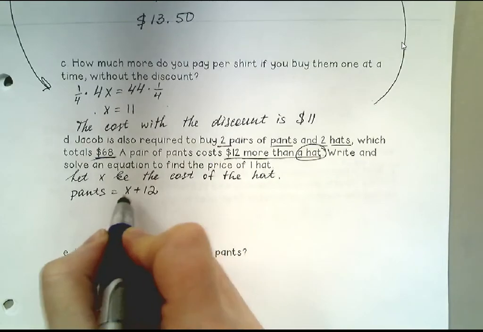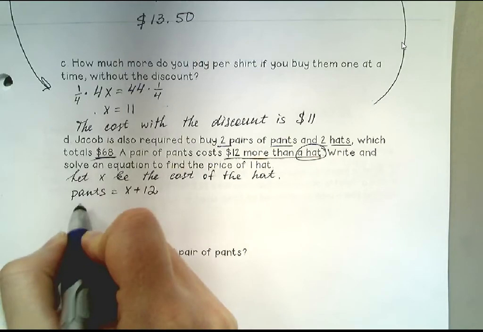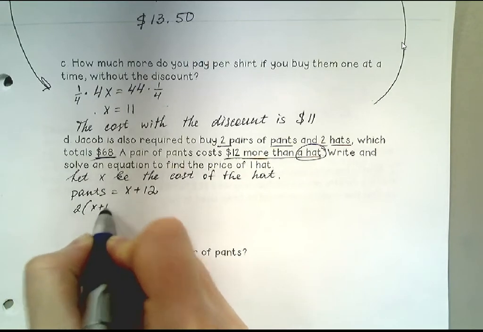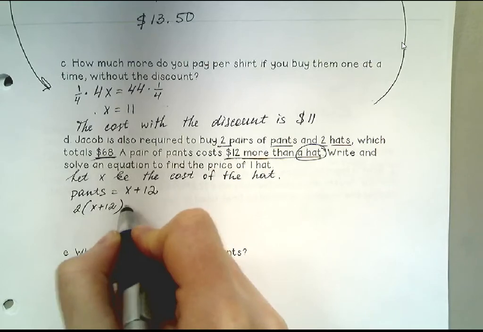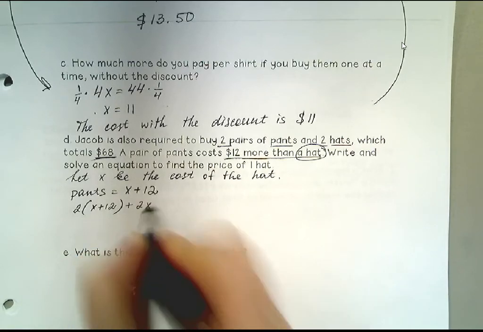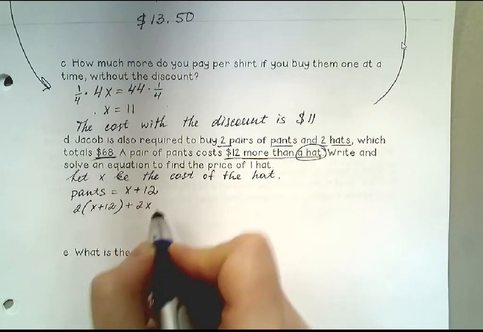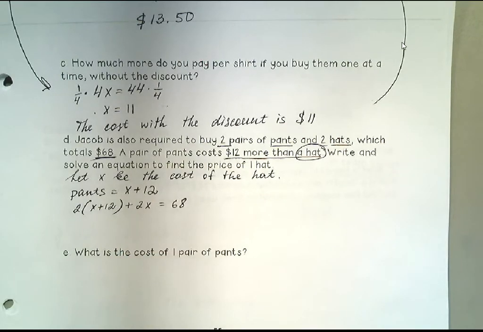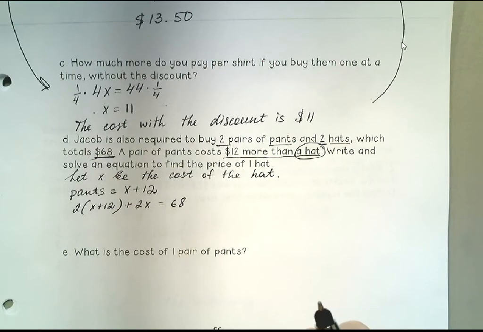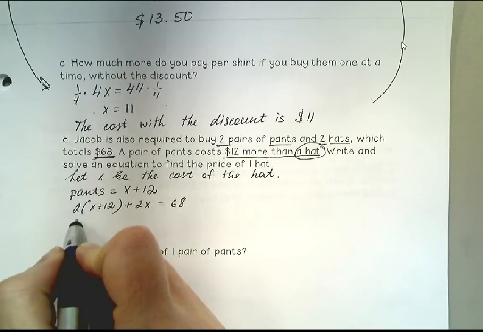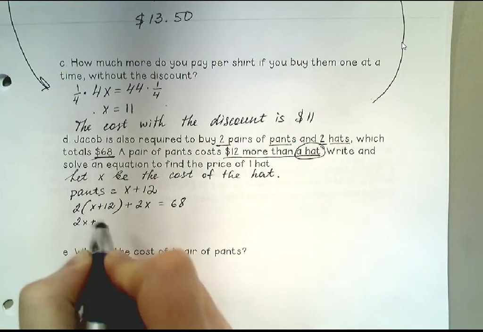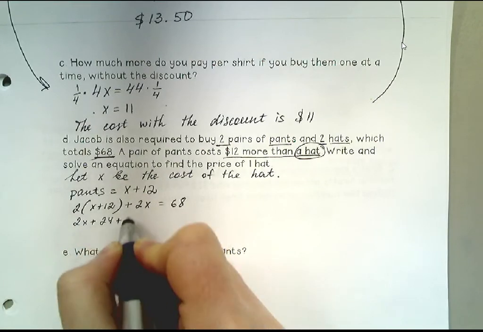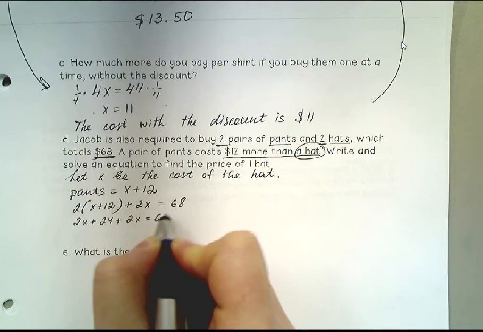So we will need to have two groups of x plus 12, and we'll need two groups of x. And the total cost is 68. So now we have here a distributive property that we will have to apply to find out what the hat costs. So we will have 2x plus 24 plus 2x equals 68.